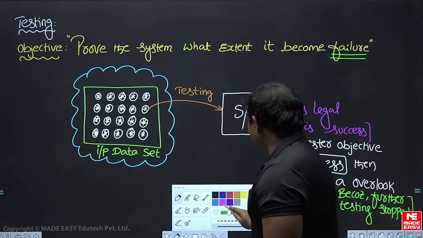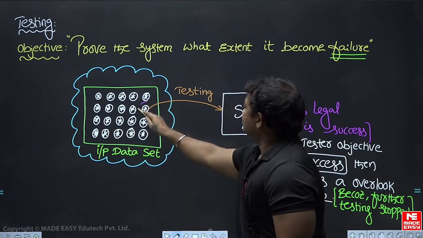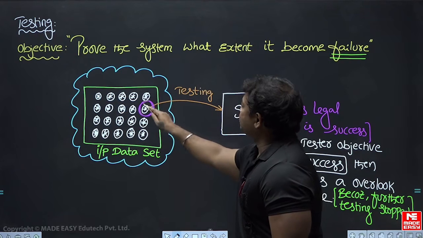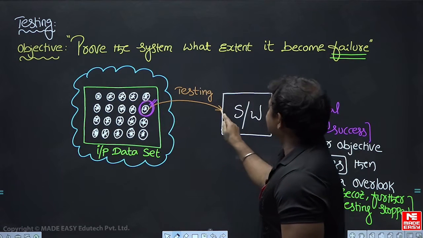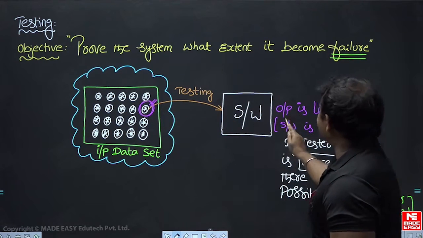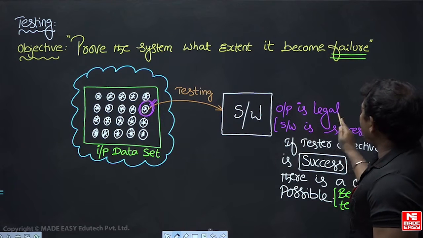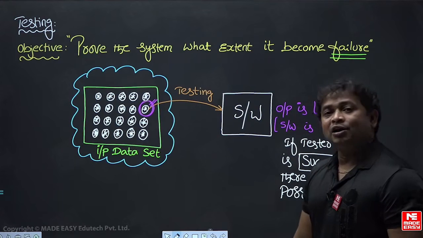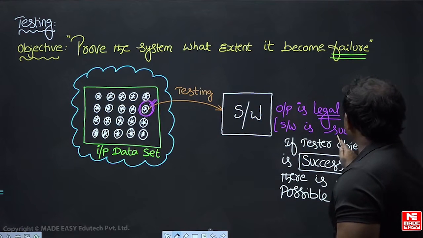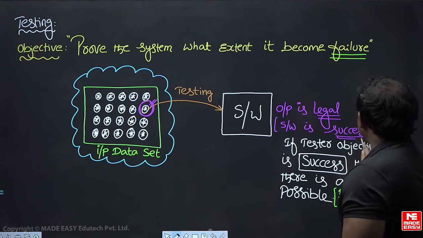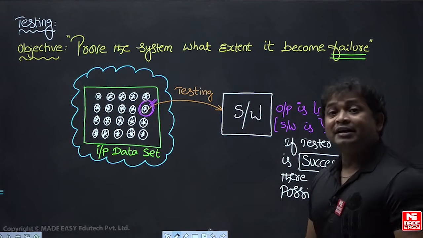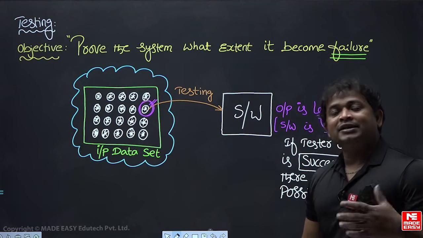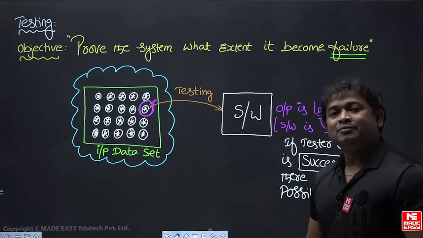From the input domain, this input is selected, and we test the system. After testing, check the output of the system. Suppose that output is legal. The system gave the legal output. Then we conclude that the software is a success.